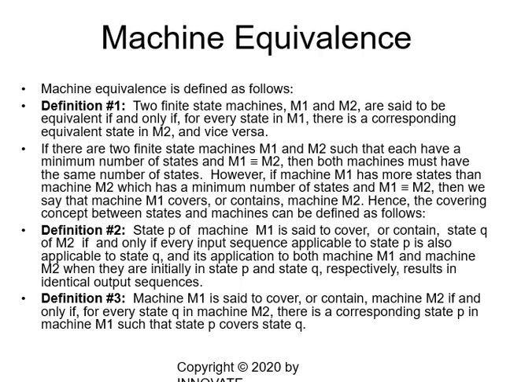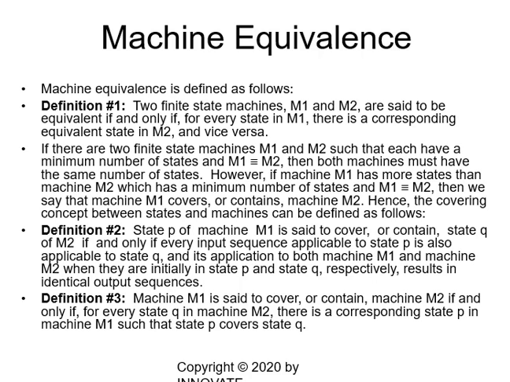Hence, the covering concept between states and machines can be defined as follows. Definition number 2: State P of machine M1 is said to cover or contain state Q of machine M2 if and only if every input sequence applicable to state P is also applicable to state Q, and its application to both machine M1 and machine M2 when they are initially in state P and state Q respectively results in identical output sequences.